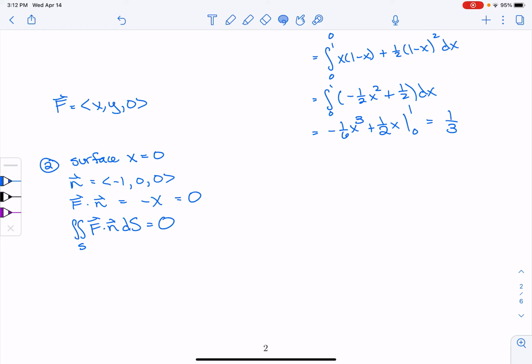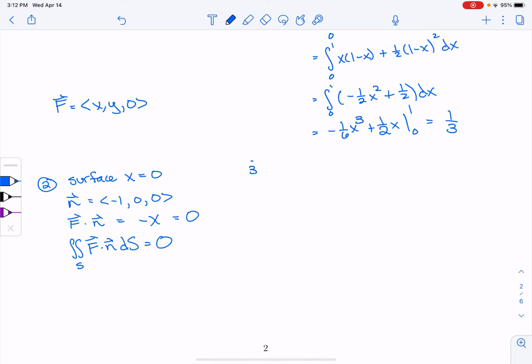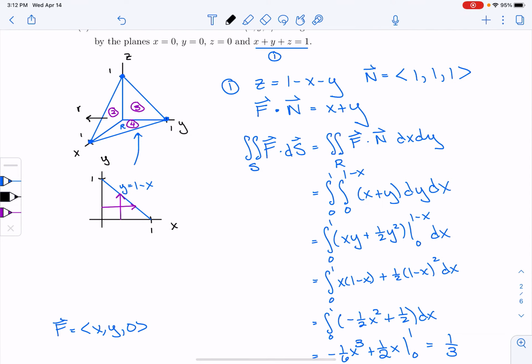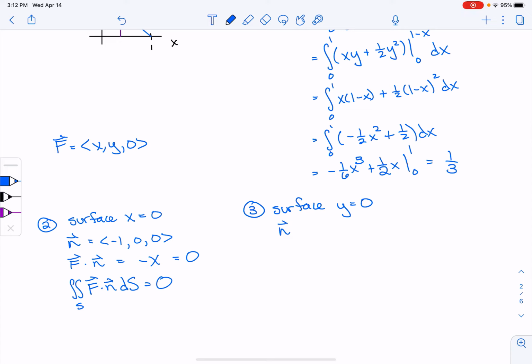Well, let's look at another surface, the surface where y equals 0. This was our normal vector for the second surface. Our normal vector for the third surface is kind of pointing into the page, and that's going to be the normal vector 0, -1, 0.